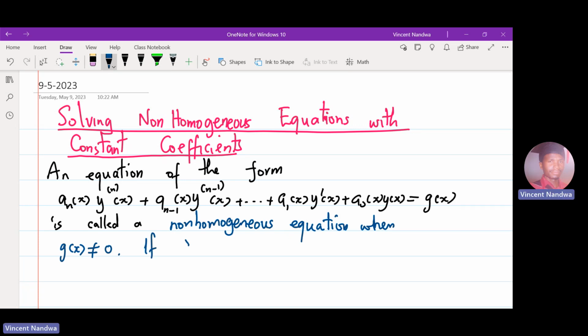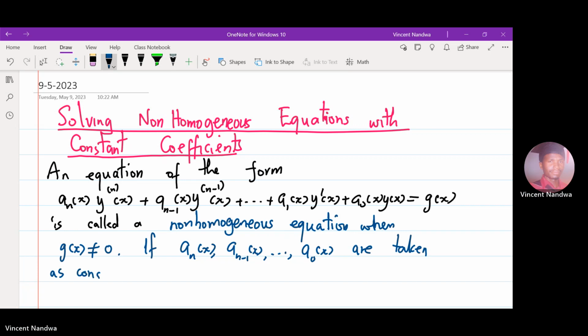So if a_n of x, a_(n-1) of x, all the way up to a_0 of x are taken as constants, then let me call this one.